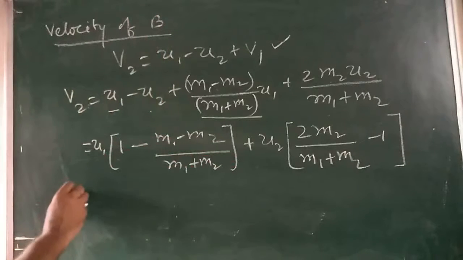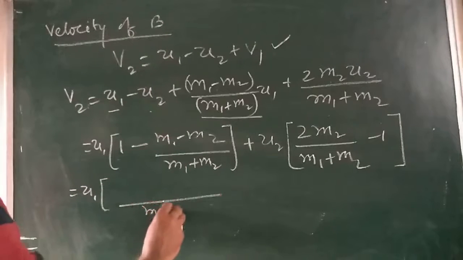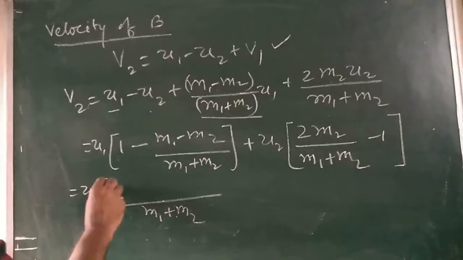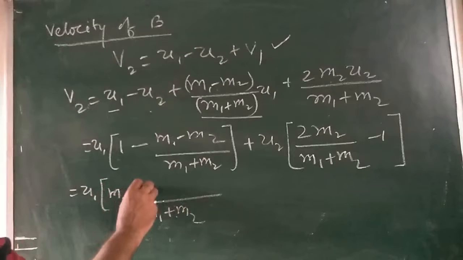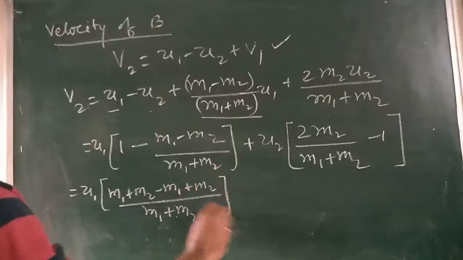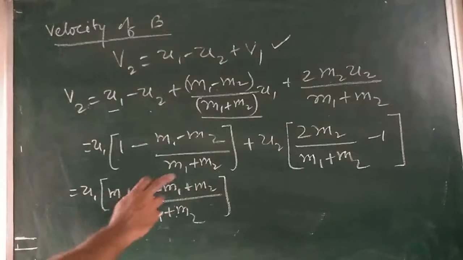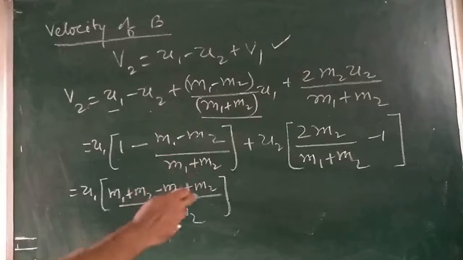Solve it. For u1 you may take LCM m1 plus m2. So here m1 plus m2 minus m1 plus m2.